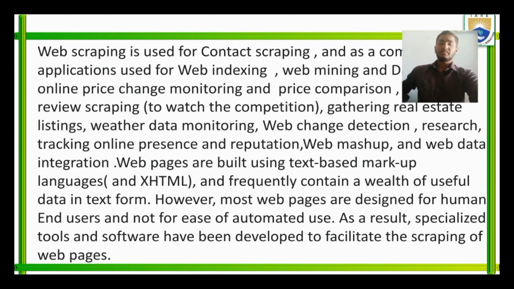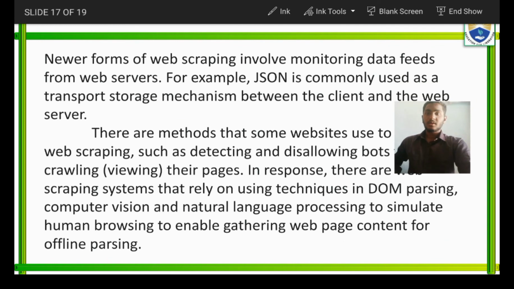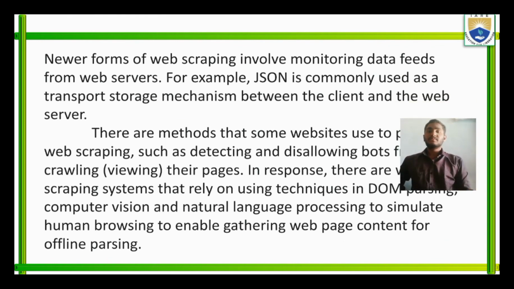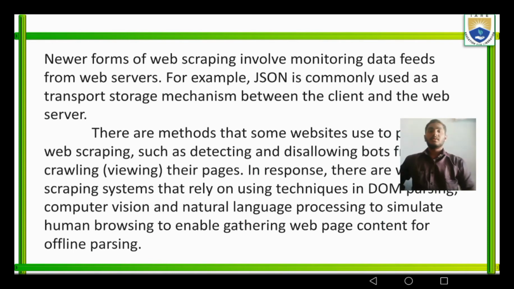As a result, specialized tools and software have been developed to facilitate the scraping of web pages. Newer forms of web scraping involve monitoring data feeds from web servers. For example, JSON is commonly used as a transport storage mechanism between the client and the web server.